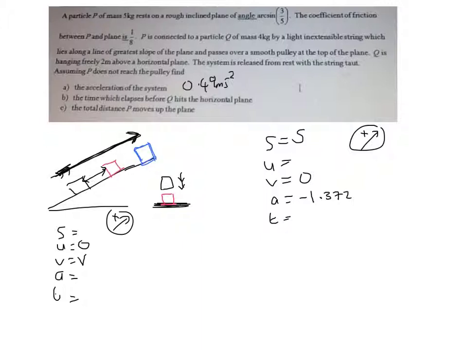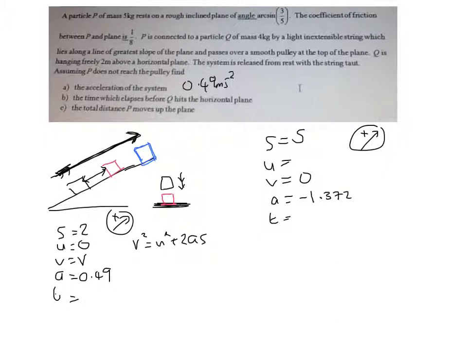a, we worked out, is 0.49 up the plane, and the distance that it travels from here to here is the same as from here to here, which is 2. Now we can use the formula without t, which is v squared is u squared plus 2as.